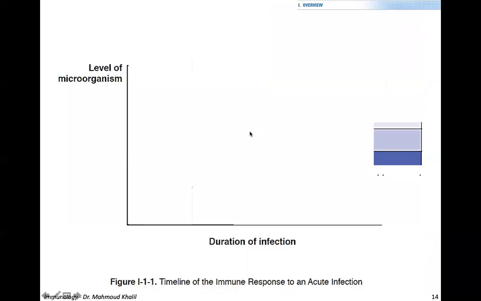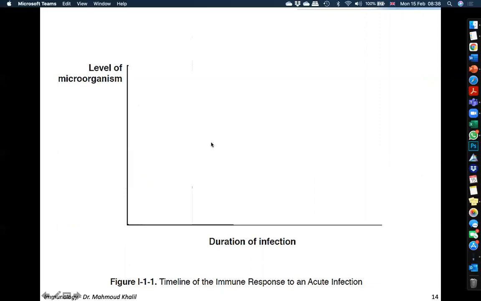So let's see how both of these branches of the immune system, the innate and the acquired, are related to each other, or in other words, which one starts first for a specific antigen. You can see from this graph that on the x-axis you have the duration of the infection, while on the y-axis you have the level of the microorganism, how many of this microorganism are inside your body.